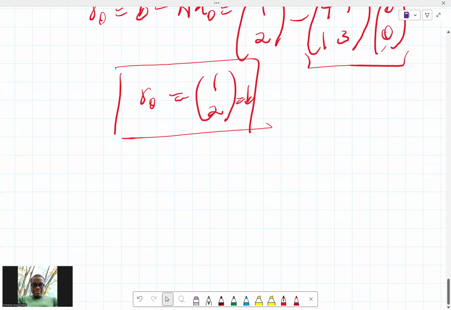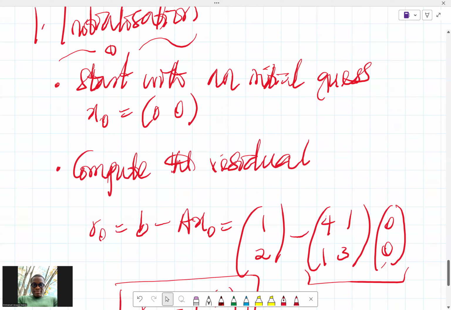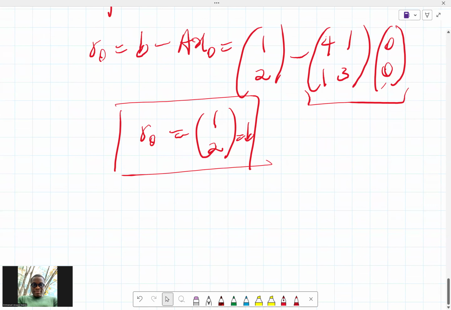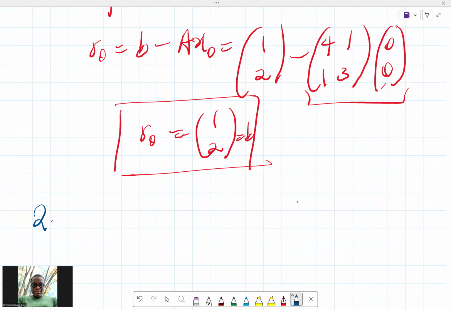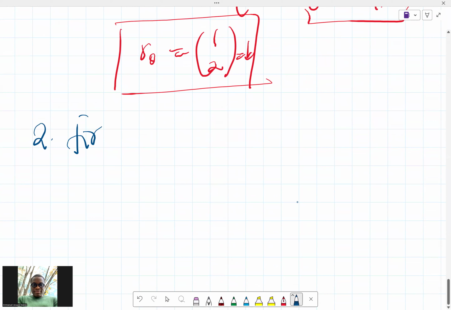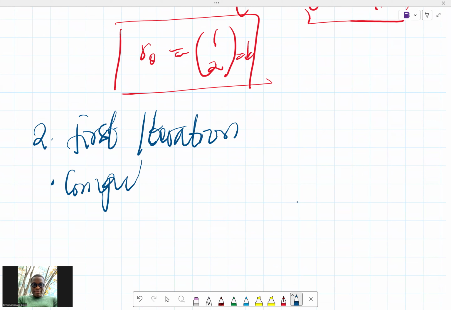The next thing we do is the first iteration, step 2. First, we compute alpha naught.